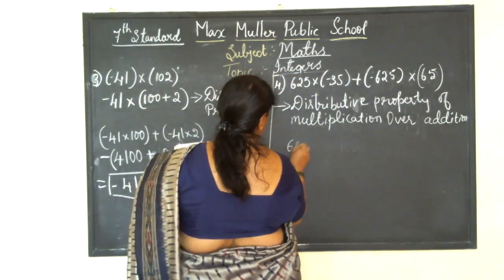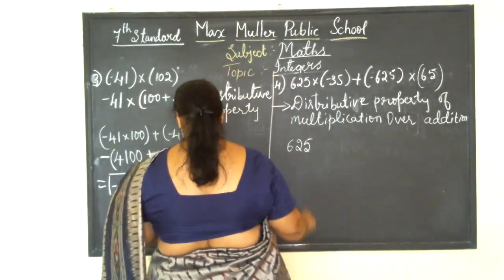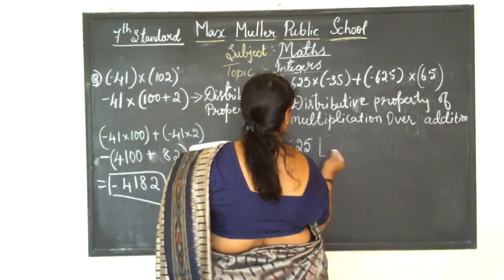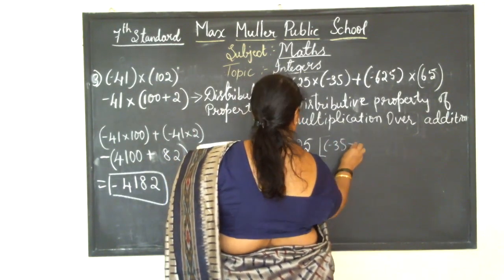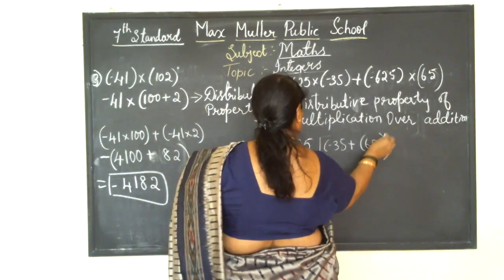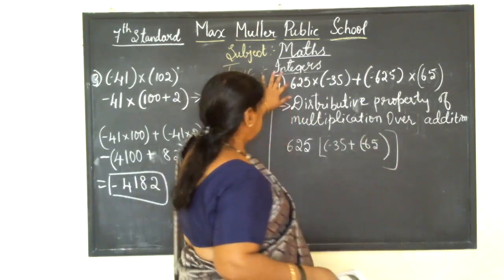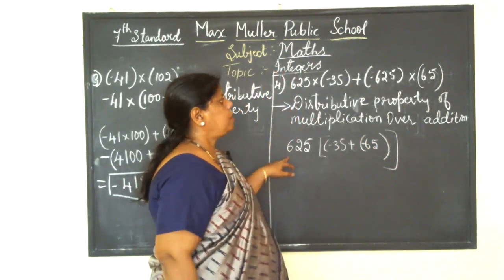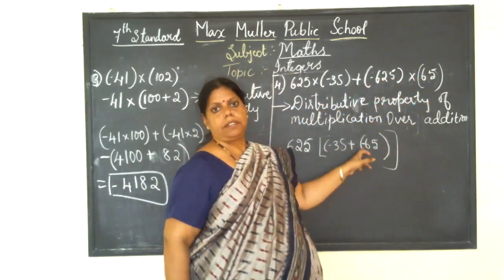Solution: all right, 625 is common into minus 35 plus 65. Why I have taken this positive, I have given there plus into minus is minus.